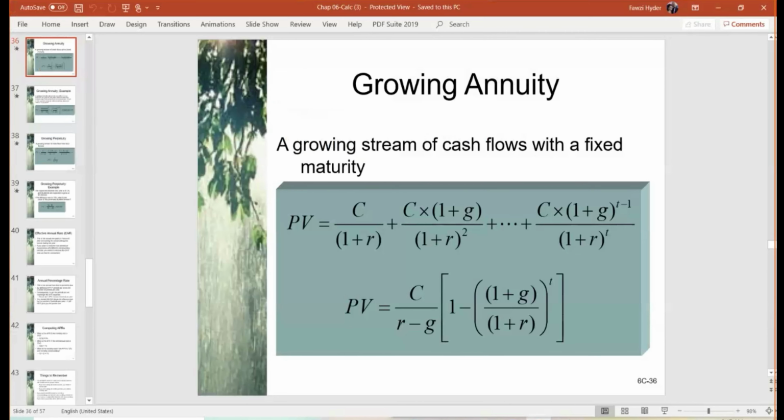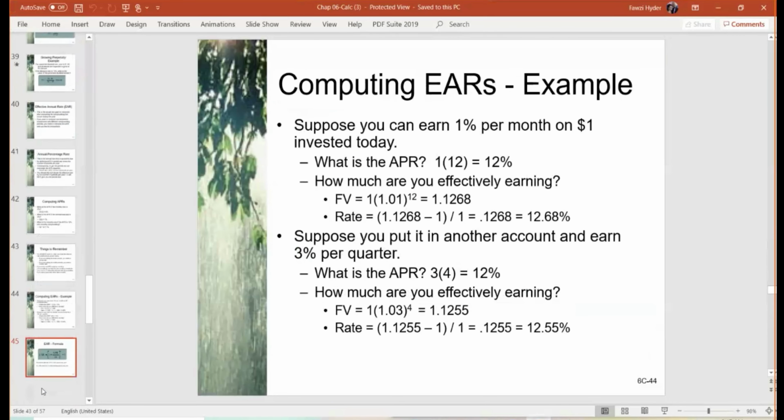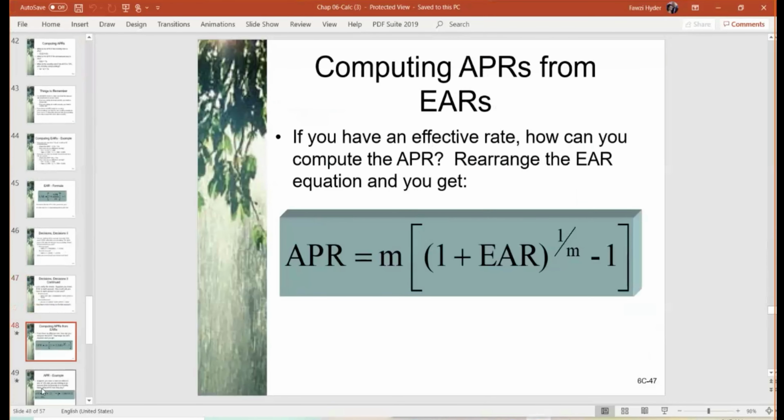In this case, I need to apply the formula that we've learned in chapter 6, which is the APR as a function of the EAR. So in this case, APR equals M into 1 plus EAR to the power 1 over M, minus 1.